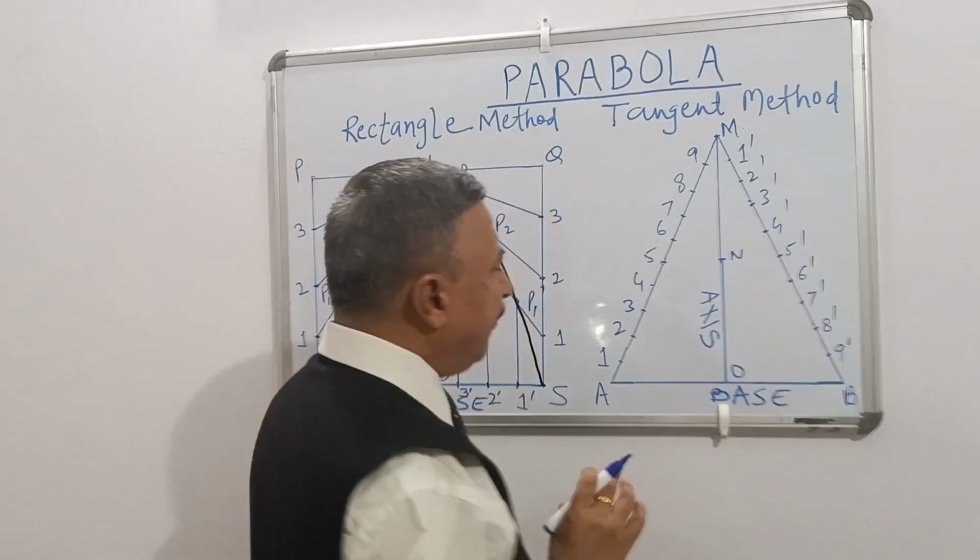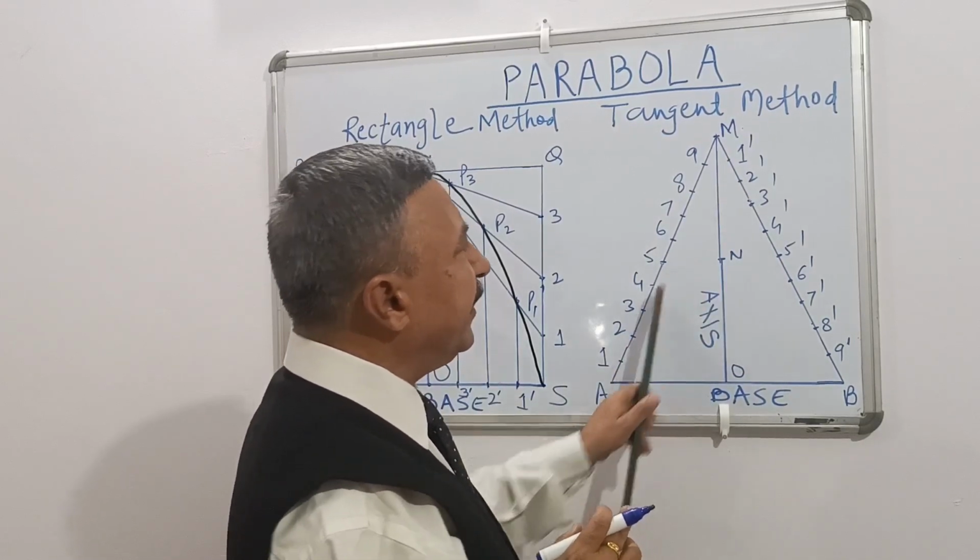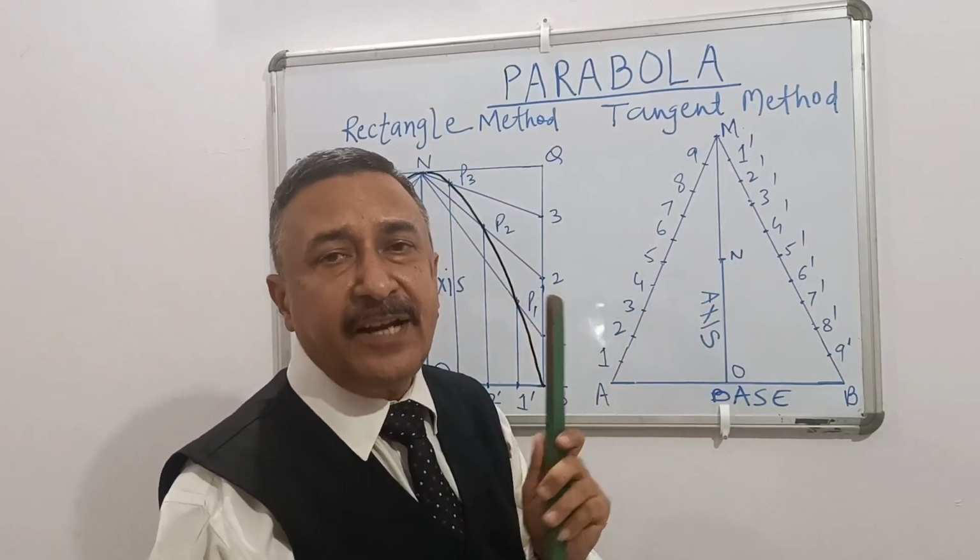Now we have to join 1 dash, 2 dash, 3 dash by straight lines.